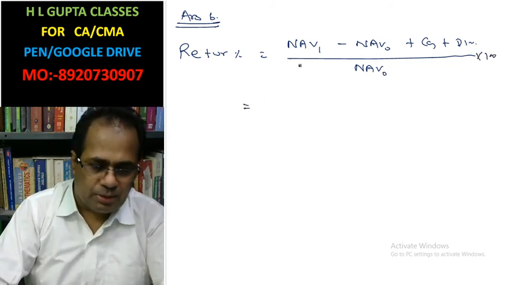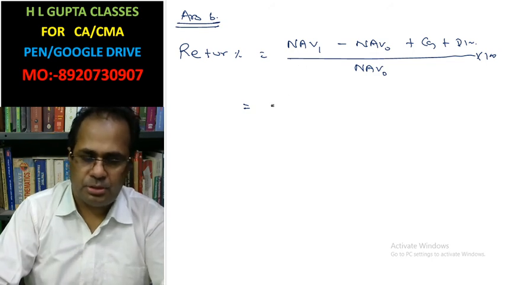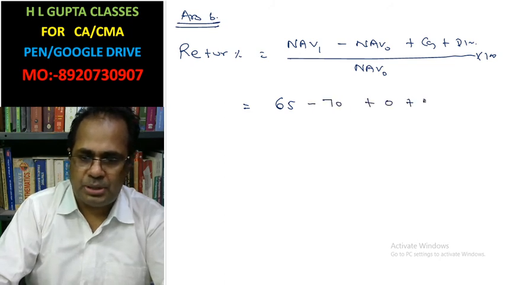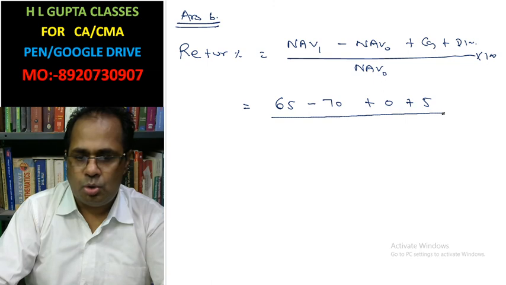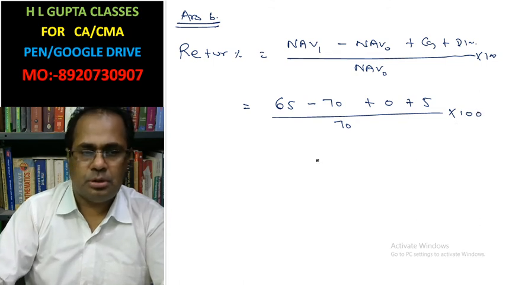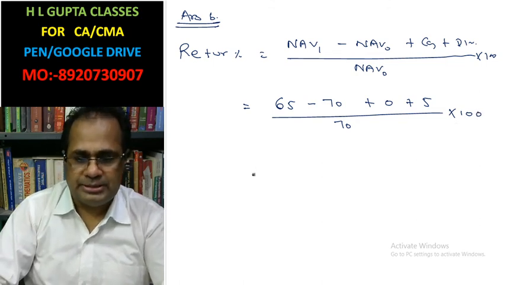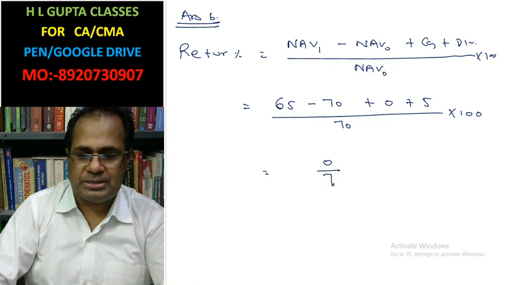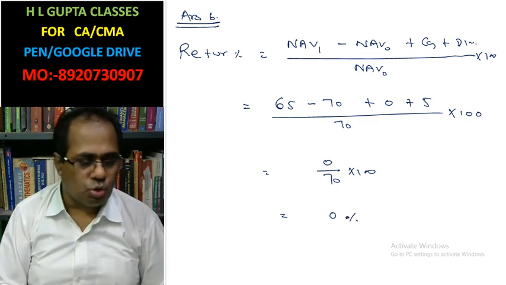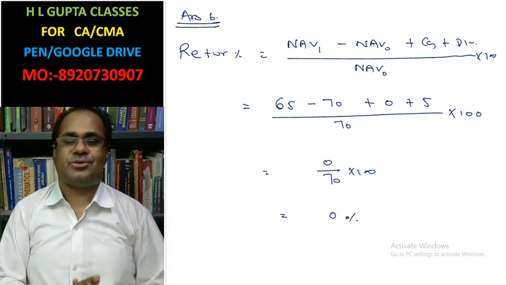This is 65 minus 70 plus 0 plus 5, whole divided by 70, into 100. This is 0 divided by 70 into 100, which is 0%. These two were very easy questions.